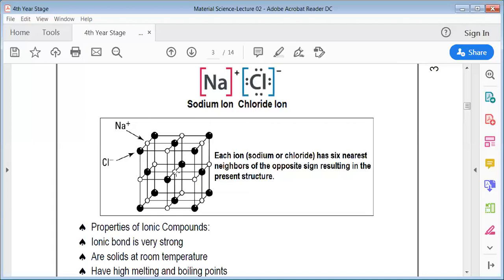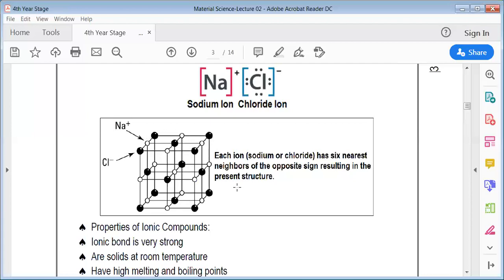for example, this sodium is surrounded by six chlorides. This is one, this is two, this is three, this is four, this is five, and this is six. Same for the chloride, surrounded by six sodiums.